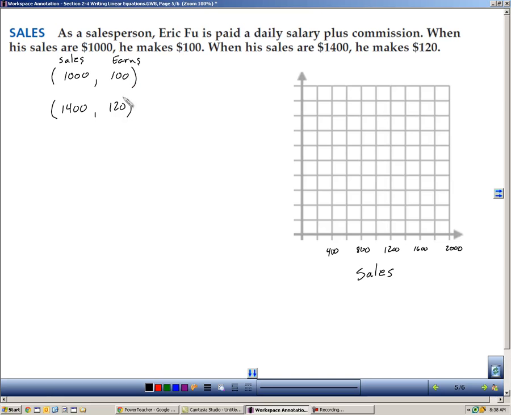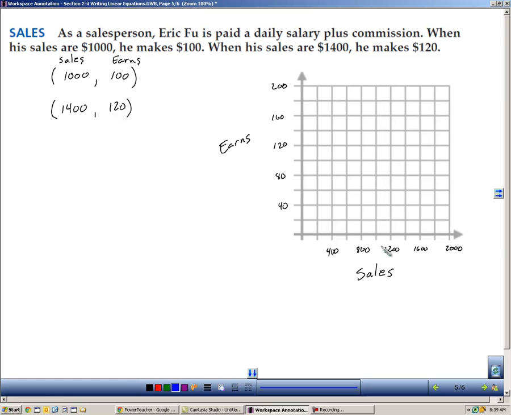And then what he earns is based on his sales, so that becomes the dependent variable. Those are numbers like 100, 120. So I'm going to go 20, 40, 60, 80, 100, 120, 140, 160, 180, 200. And that is what he earns. Now let's graph my 2 points.